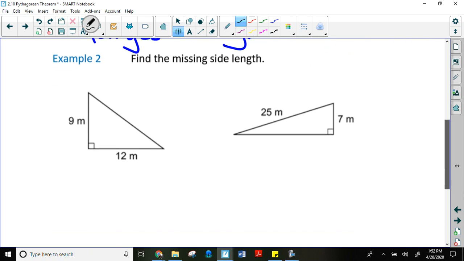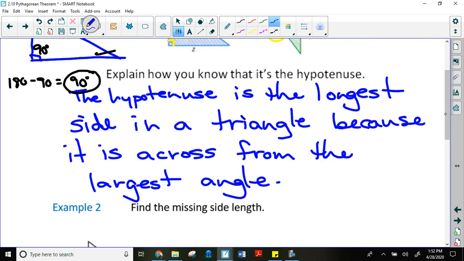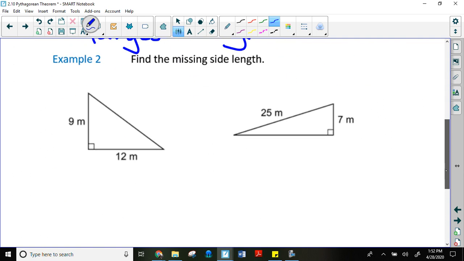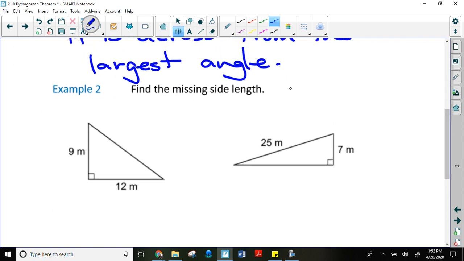Find the missing side length. All right, so here's where we have to use our Pythagorean theory. We are using a squared plus b squared equals c squared. We have to know side length, hypotenuse.